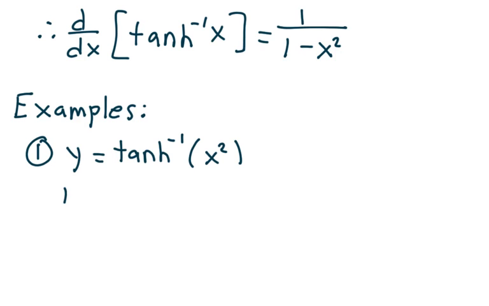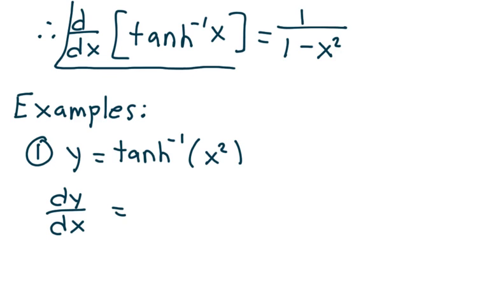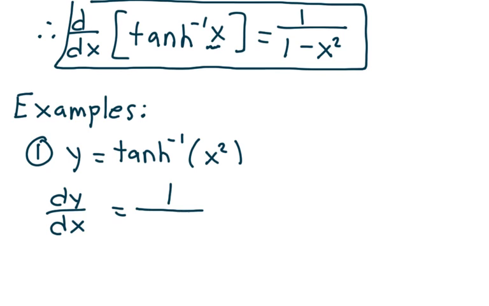So this is a great application of the chain rule. And we have the derivative of the inverse hyperbolic tangent up here. So instead of an x, it's an x squared. So I'm going to go 1 over 1 minus something squared, but inside that parentheses, I'm going to put that x squared.